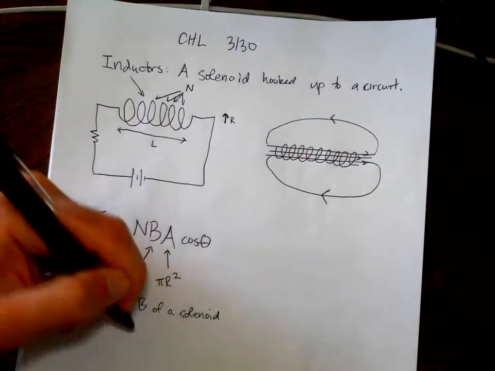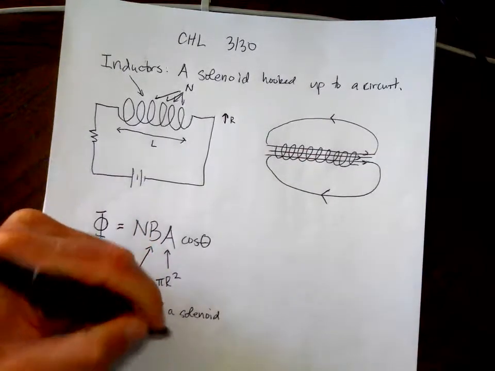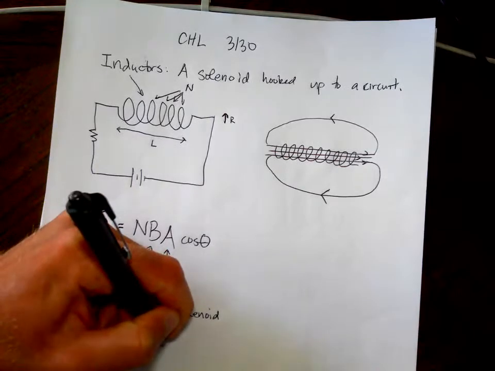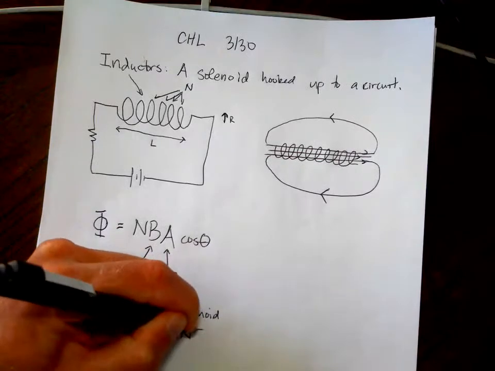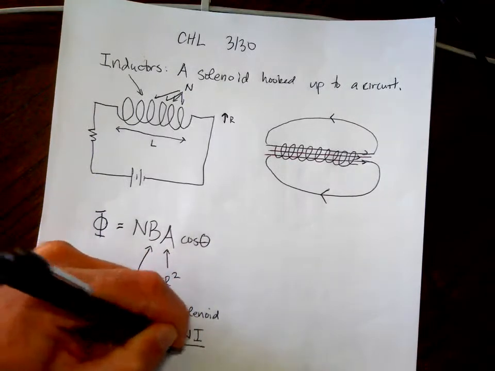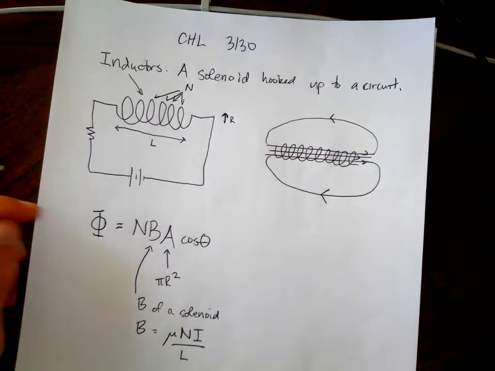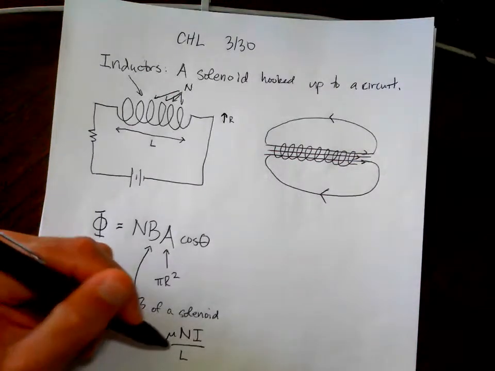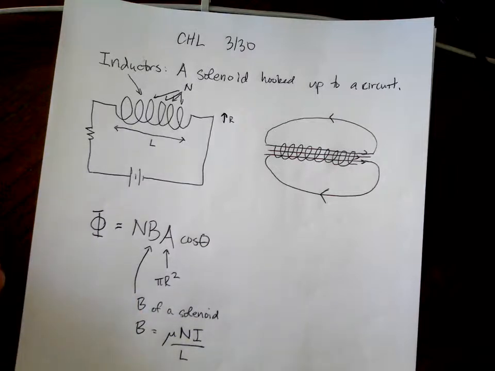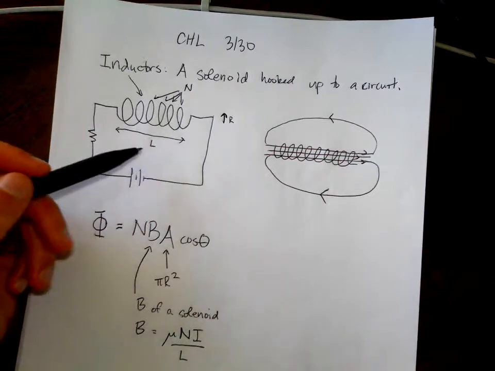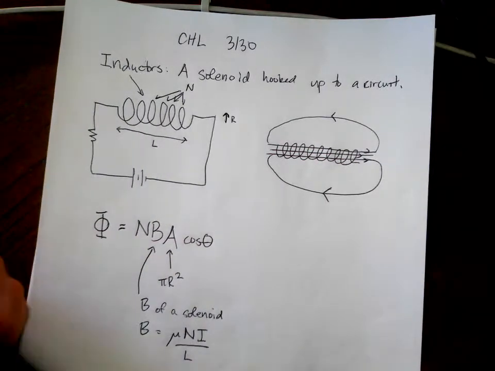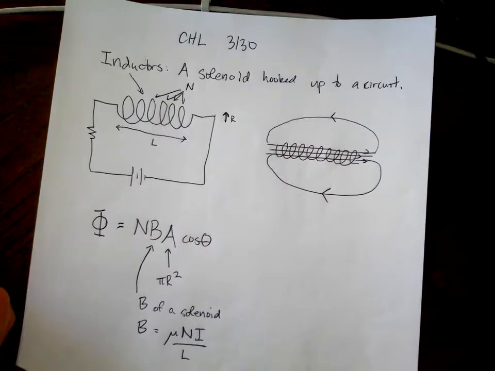It comes from Ampere's law, but the magnetic field inside a solenoid is mu n I over L. That's the magnetic field inside the solenoid. So if it's iron, then the mu is going to be greater than mu naught, etc. N and L are just properties of the solenoid. I is the current flowing through the solenoid.